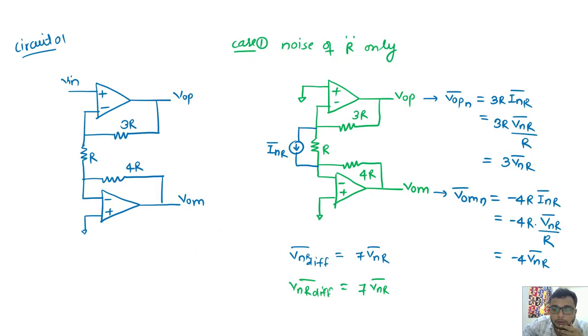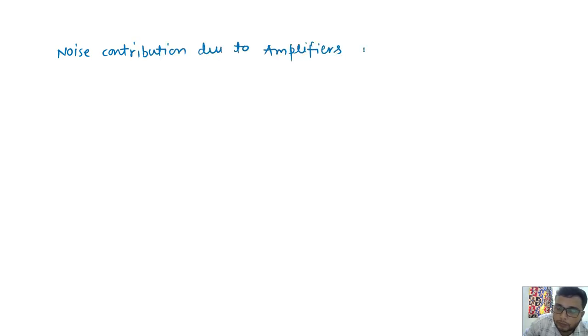Now the noise contribution due to the amplifier for the circuit 1. We'll see here noise contribution due to amplifiers for circuit 1. So what is there inside this amplifier?